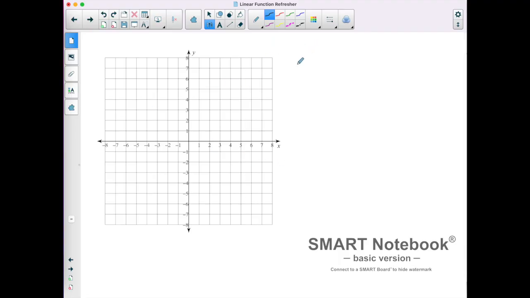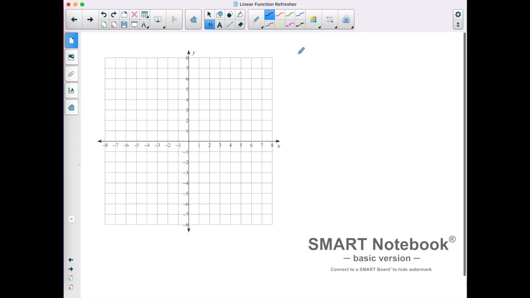So we could do another one. Let's say I have y equals -4. That's going to go through the y-axis at -4. It's a horizontal line because it is a y equals. Every point on this line is going to have a y value of -4.